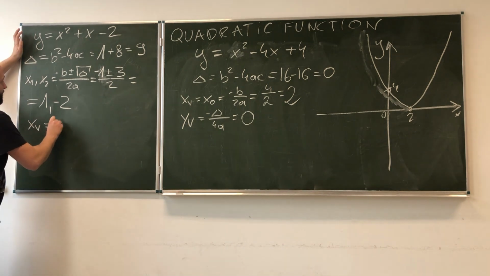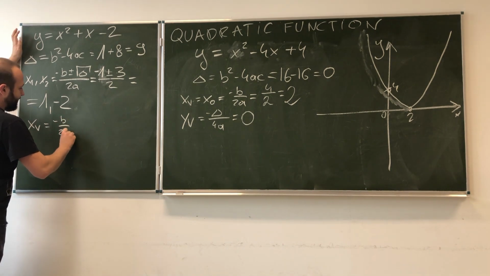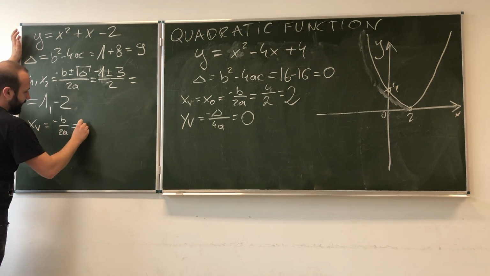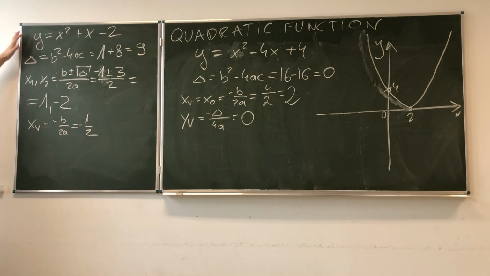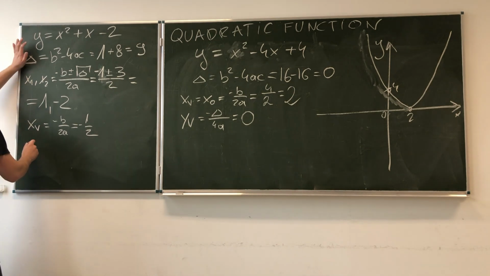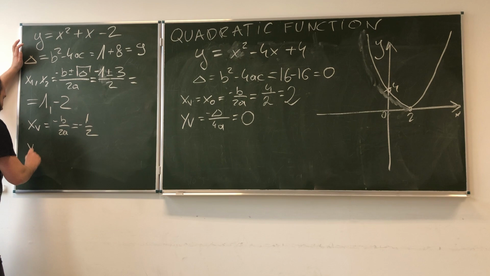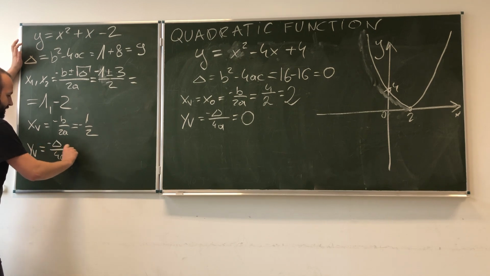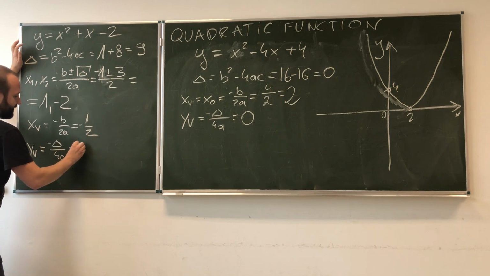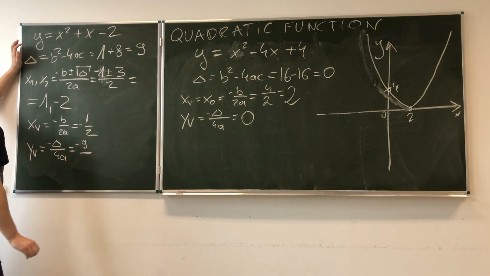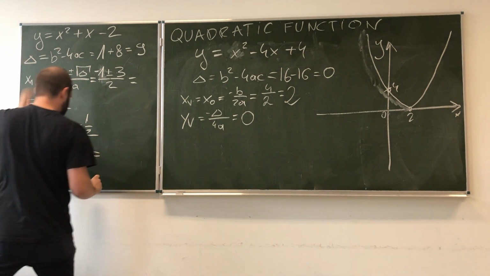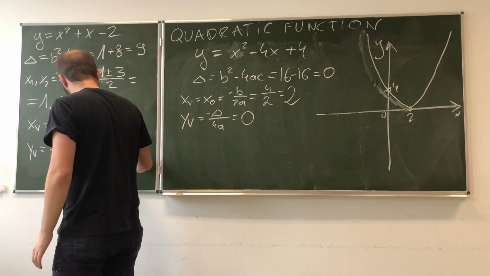Of course, negative b over 2a gives us negative 1 over 2. Makes sense. And finally, we can calculate y of vertex, which is negative delta over 4a, and it gives us negative 9 divided by 4, or simply negative 2 and 1/4.